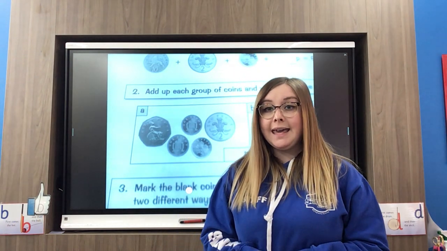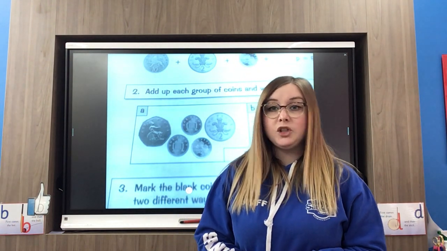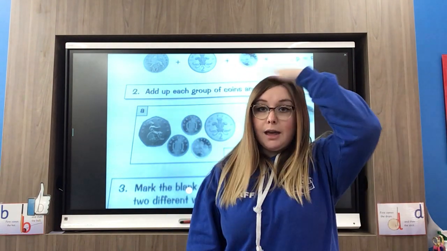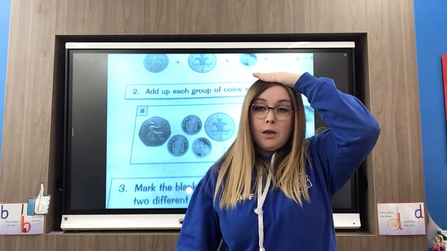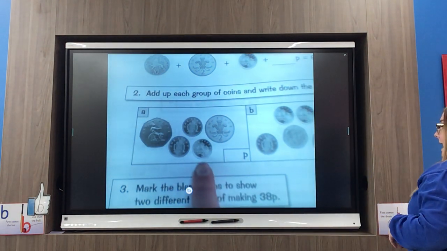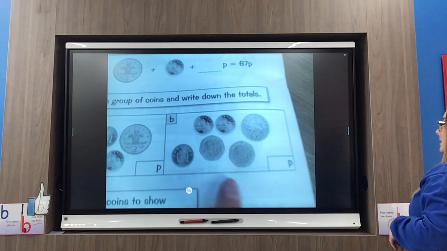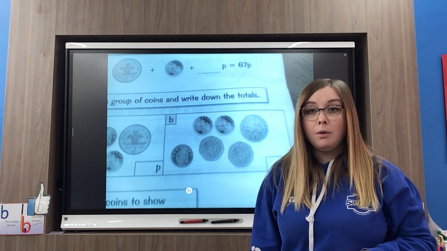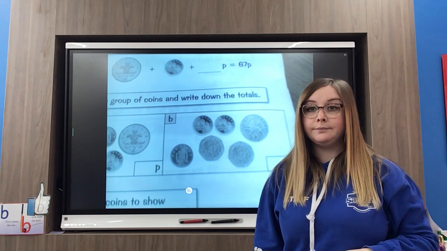So just like I did, I want you to find how much there is all together. And I did it by counting on my fingers and counting in my head. So now have a go at question 2, A and B. You might want to pause the video whilst you do this.